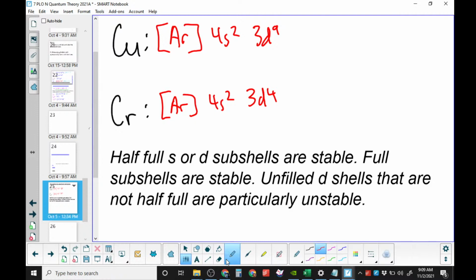If you take one electron and move it over, then you get 4s1 3d10. And now the first energy level is half full because it only has 2 to begin with. It's fine. The second energy level is completely full. And it's really happy. So if you do spectro analysis on this and try and figure out where these orbitals are, that's the structure you get.